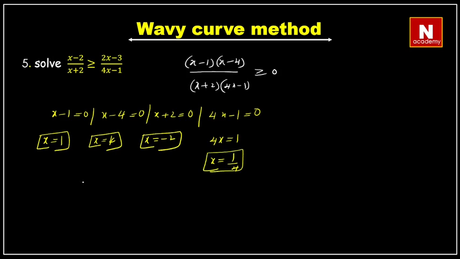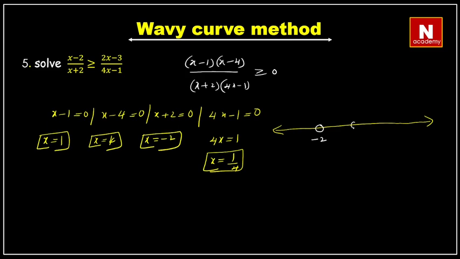Now mark all these critical points on the numerical line. Draw the numerical line. In increasing order we have to write. The first critical point is minus 2, but it is excluded because it is in the denominator. That's why you should take an open circle. And next x equals 1 by 4.